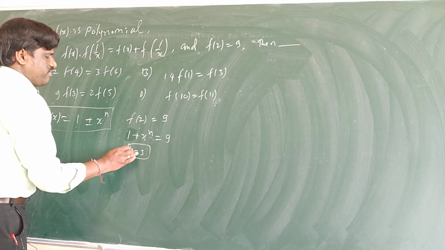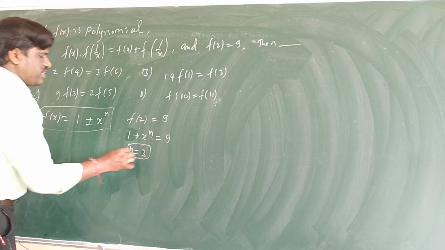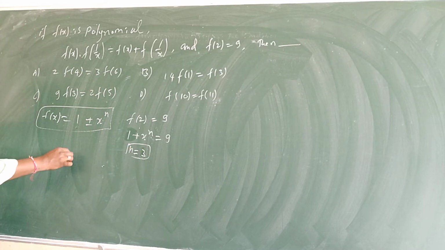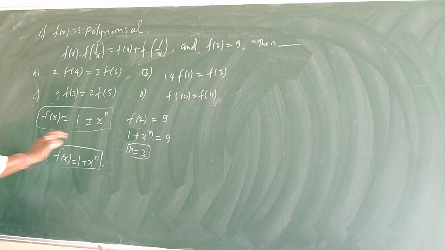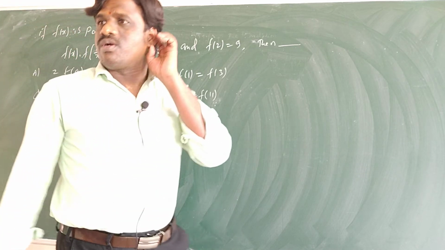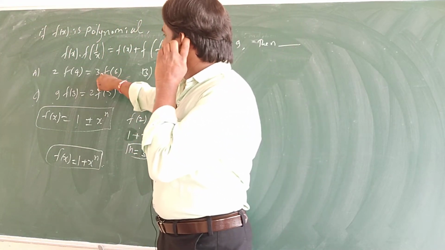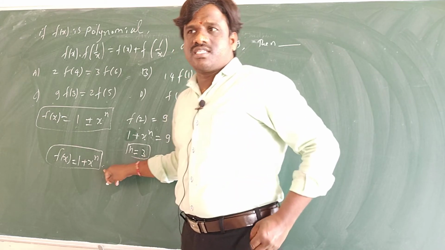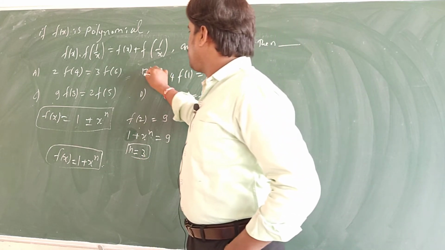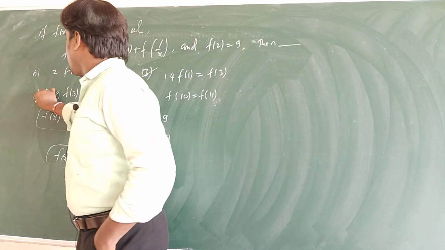So I identified the function now. What is the function here? f(x) = 1 + x^n, so f(x) = 1 + x^3. Now what to do? You have to substitute each option. We can check, right? In this check, B and C will be right.